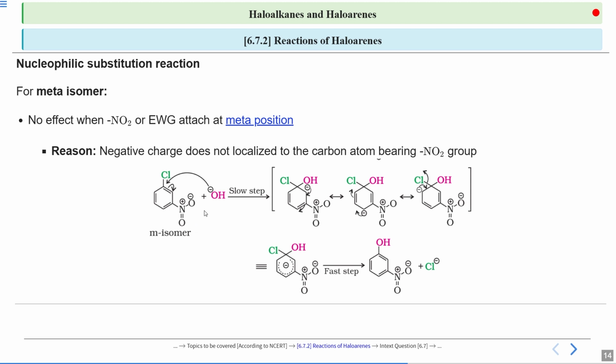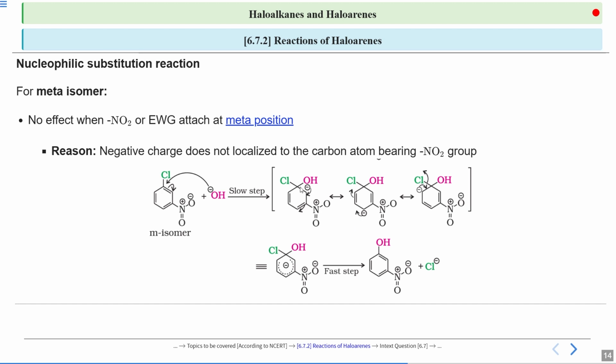So you are placing a nitro group or electron withdrawing group at the meta position. Now the similar step will happen: the nucleophile will attack this carbon, this double bond electron will shift here as a negative charge, and you will get your carbanion. Now this negative charge will delocalize to the carbons. The next negative charge is coming here at the para carbon. It is not coming at the meta carbon.